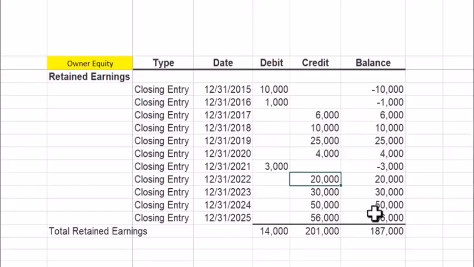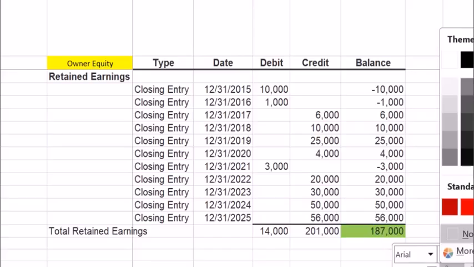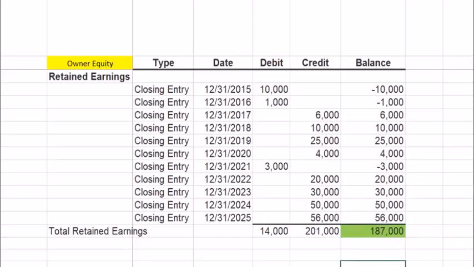So overall, this tells us that the total profit created by the company is $187,000.